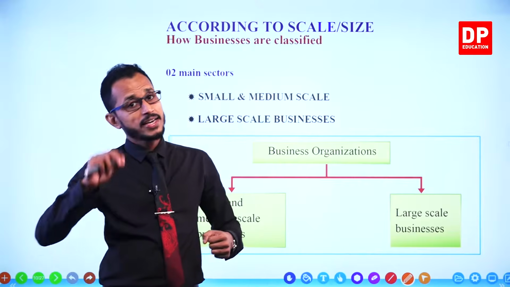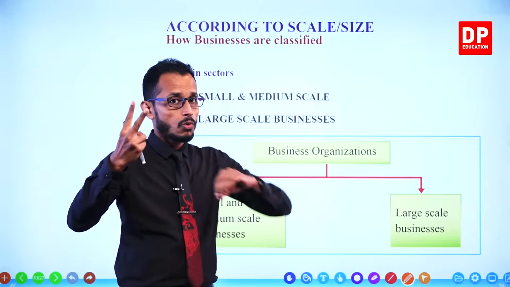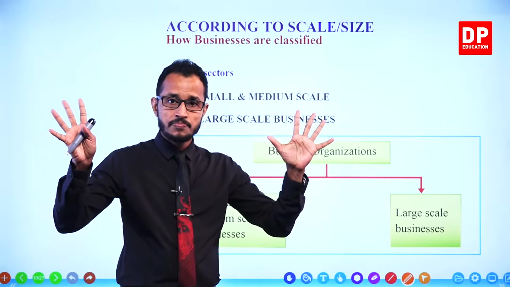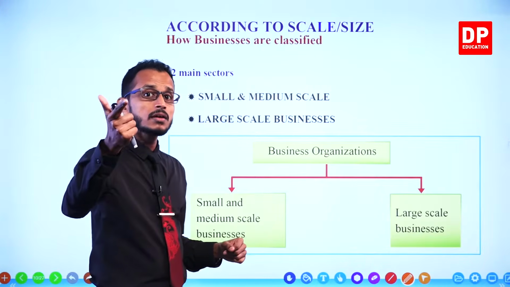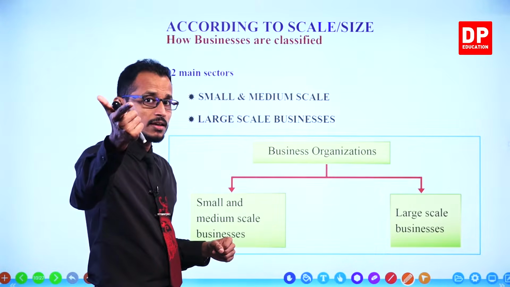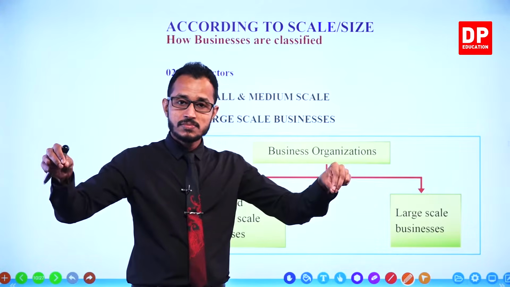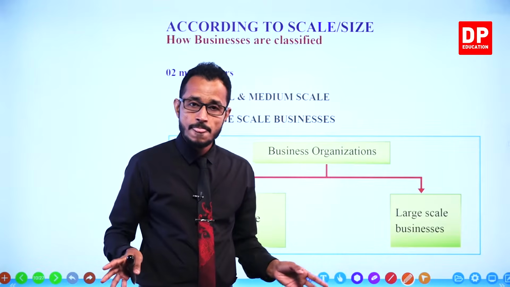Organizations started by not one, but two or more owners, maybe 10, maximum was 20. Business organizations with multiple owners, more than one owner, two or more owners.